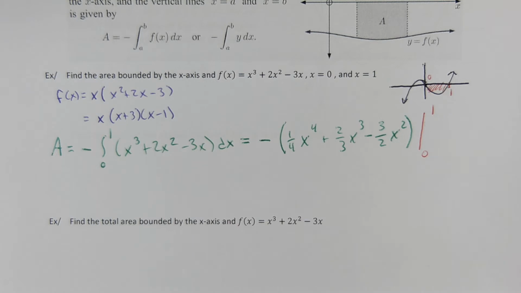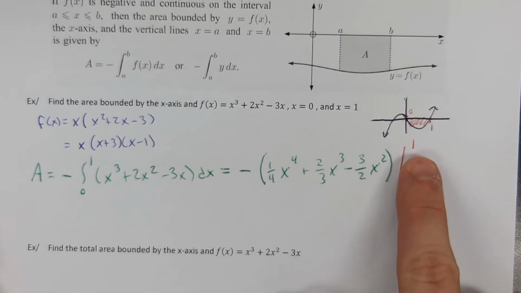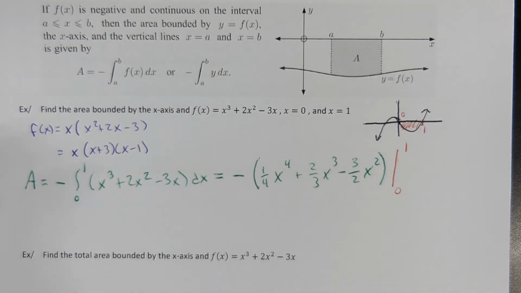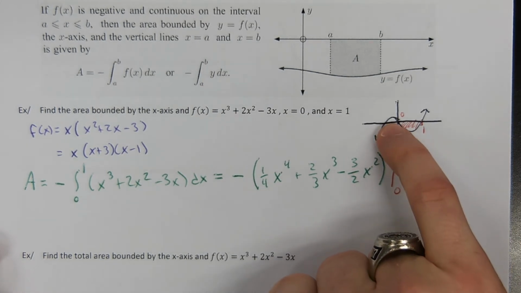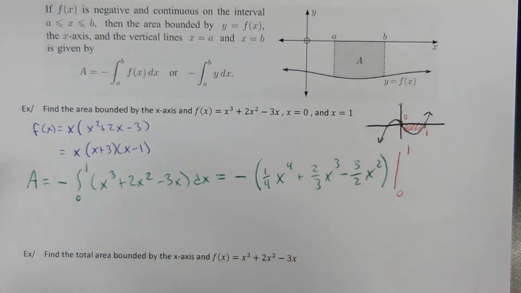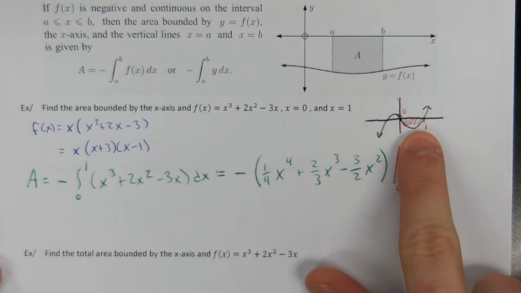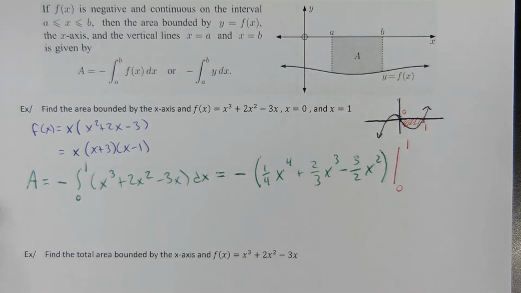So you'd have to work at it in pieces. If they don't give you a picture, you probably need to come up with one, which is why I went ahead and did this. This one also could have said total area enclosed, and we would have had to figure out that area and add it to this area. But this one just said from 0 to 1, so we're only focused on that one.